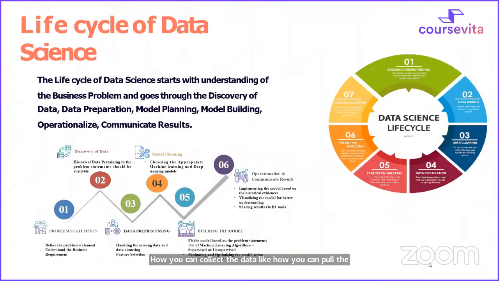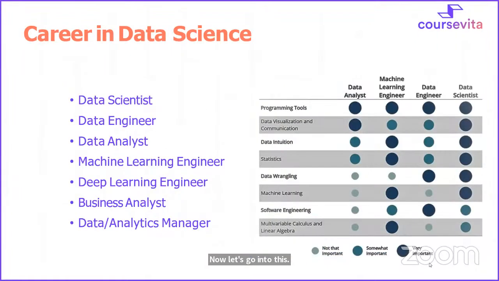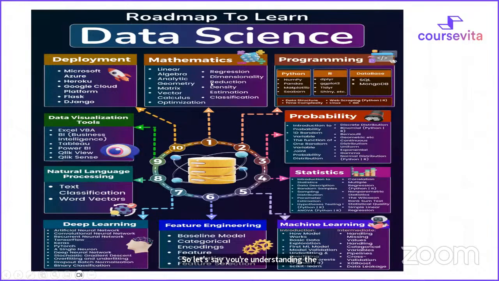Now let's go into this. Let's say you're learning data science. The first foremost thing, as I just told you, is how to get the data and understand which data points you need. The strong foundation for any data science is mathematics.